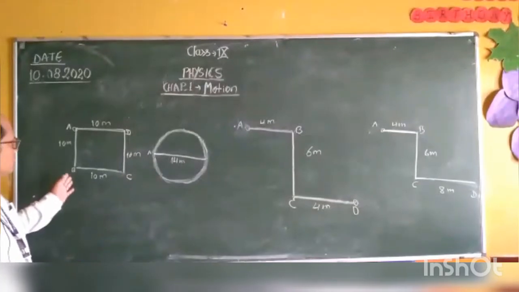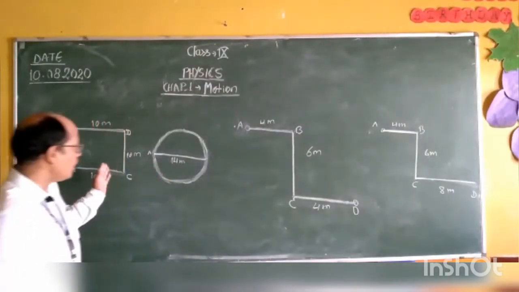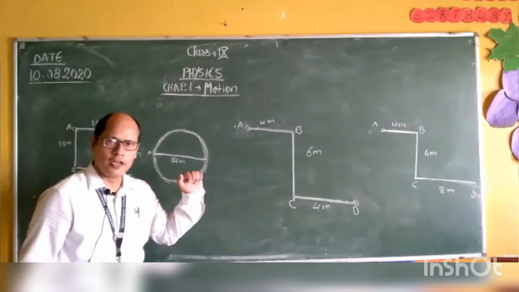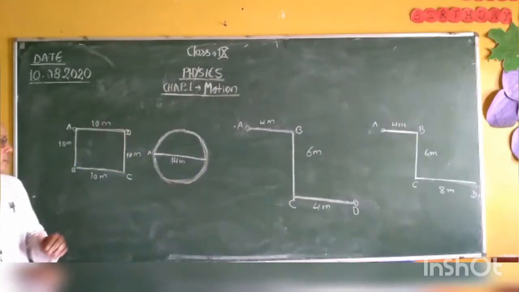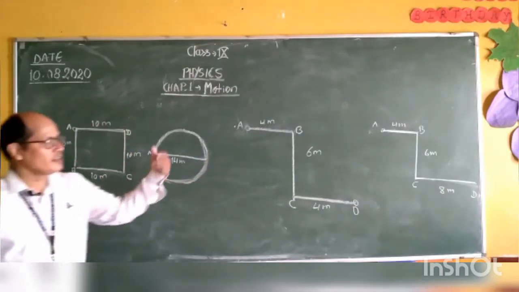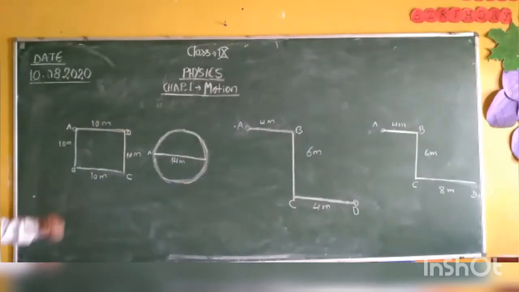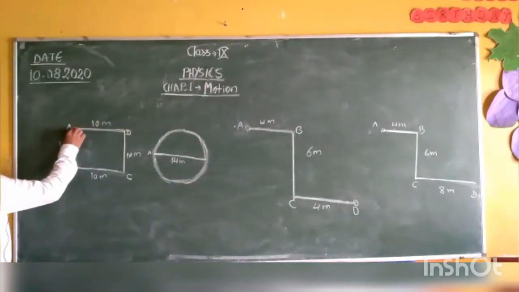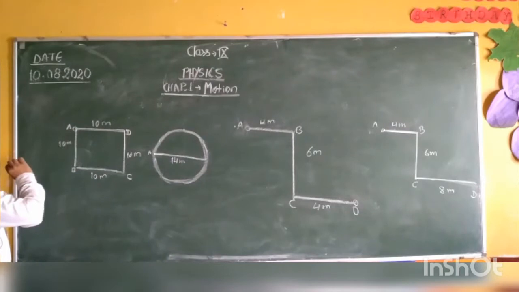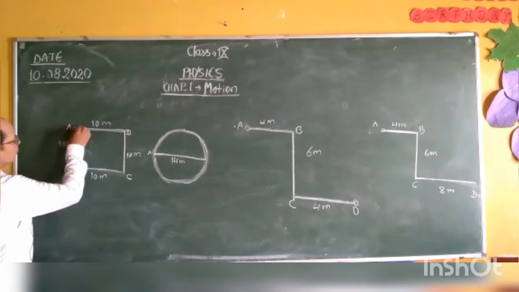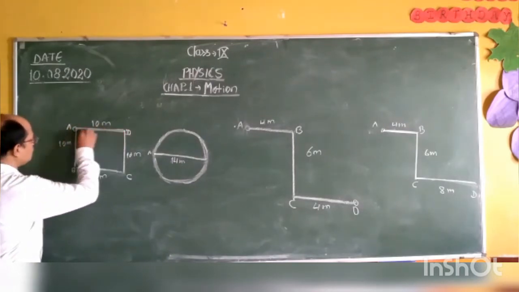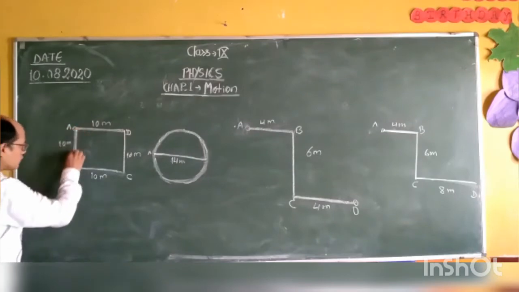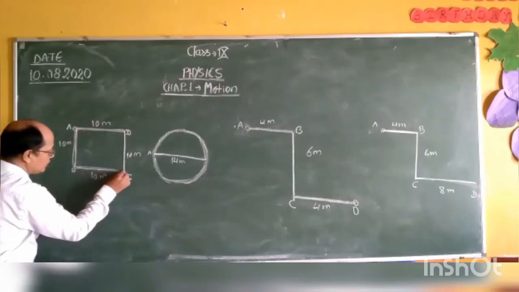Now we find the distance and displacement in all four cases. How we can calculate the distance and displacement in all four different cases. In the first case, A is my initial position. I start moving from A, moving towards B, then towards C and stay there.